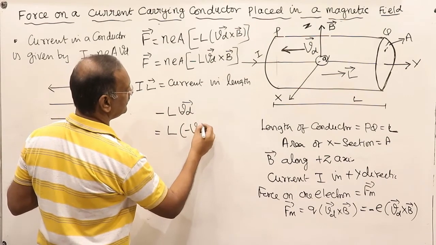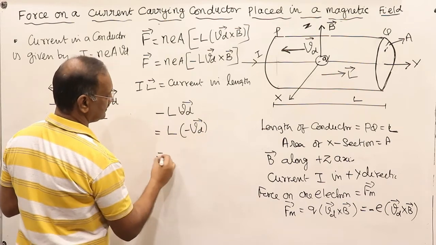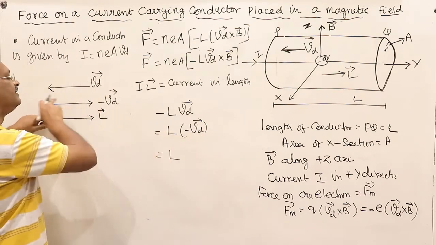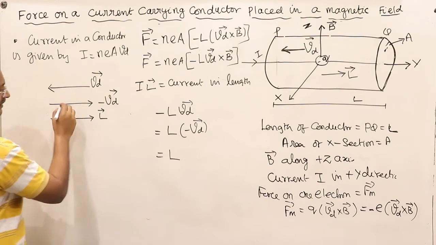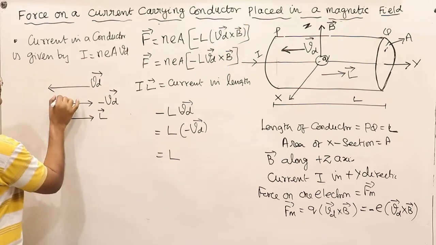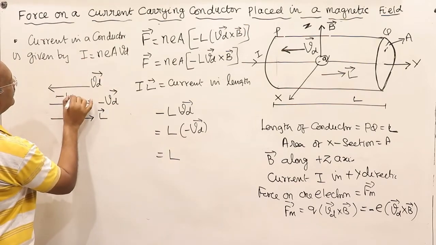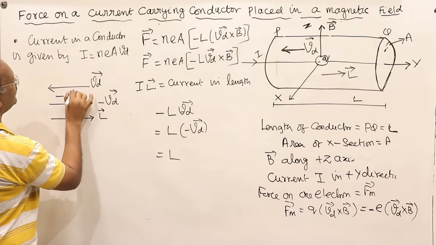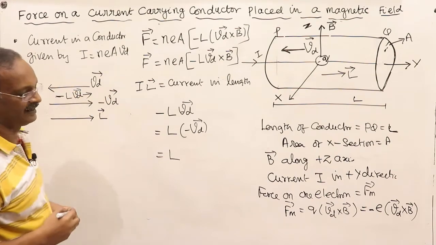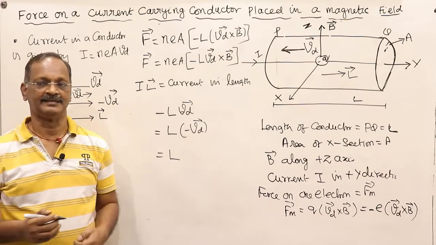Negative Vd is in this direction. It means this is equal to L into minus Vd. So Vd vector is in this direction. Understood now? L Vd is in this direction.